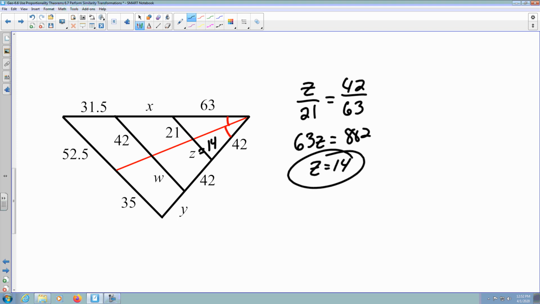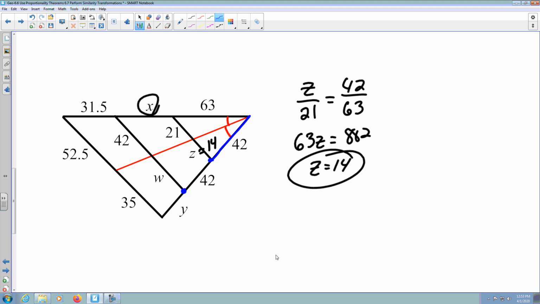Now, when I look at the next value, the next value that I would go about solving would be the variable x. The reason why I'd go about solving that one is, if you notice, the distance from here to here is the same as the distance from here to here.